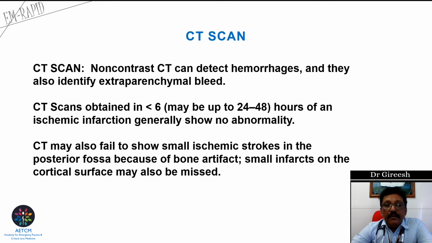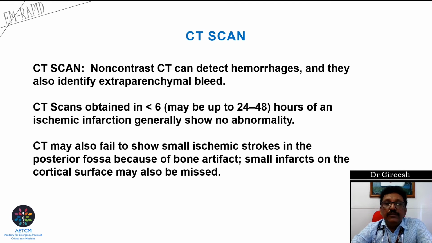CT scan: what we should understand is that in the emergency room, we have to rule out a bleed before treating this patient. If the patient comes in the window period, that means if we can thrombolyse the patient, we need to rule out bleed. So non-contrast CT is the most important investigation which can detect hemorrhage in the brain.